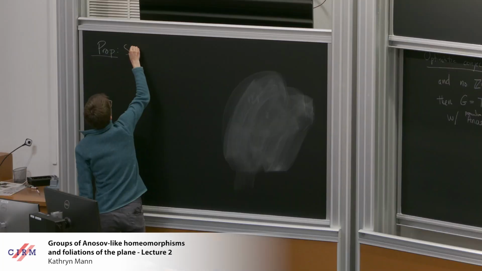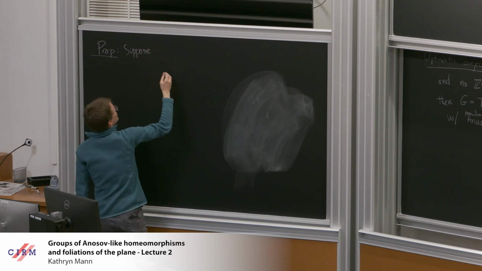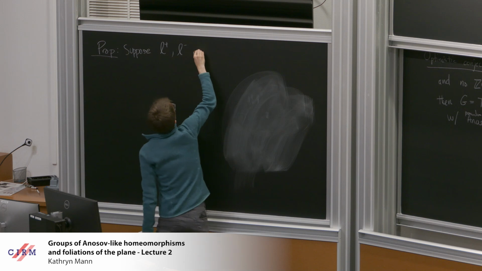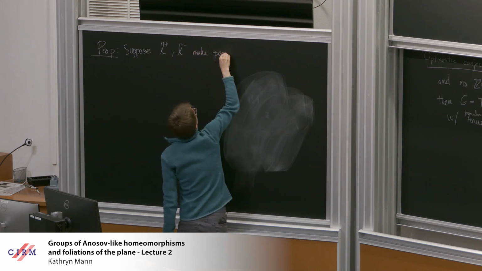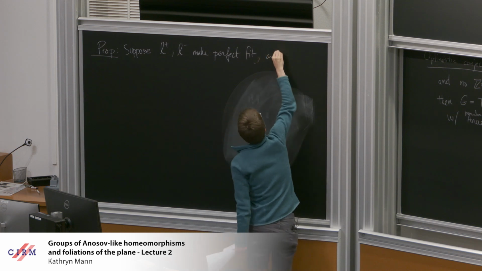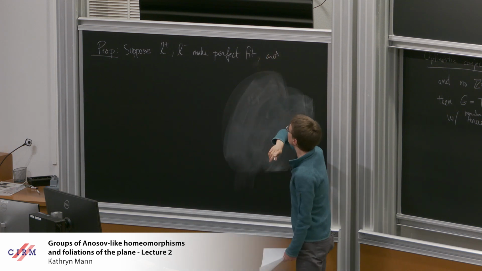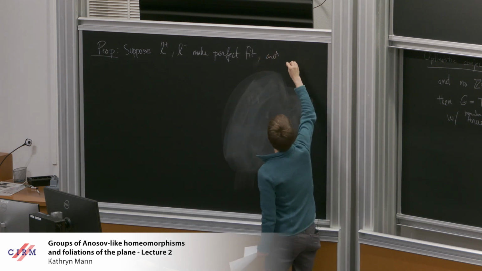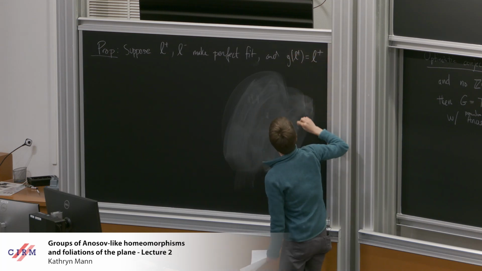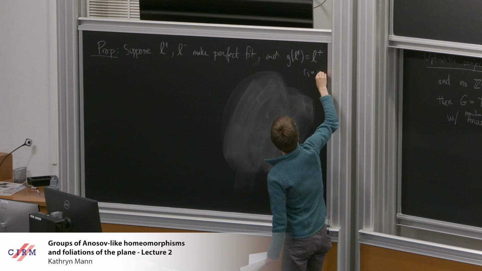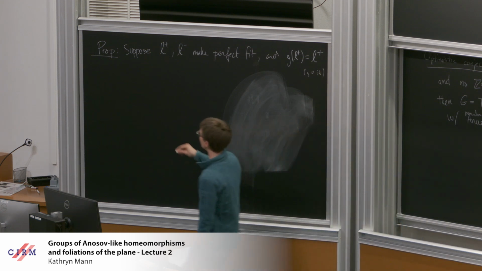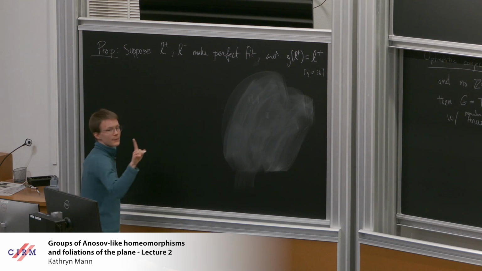Suppose that I have two leaves that make a perfect fit, and I have an Anosov-like action, and one of these leaves is fixed by a non-trivial element of G. Let's say L plus. G is not the identity. Well then, some things I'm going to get for free.